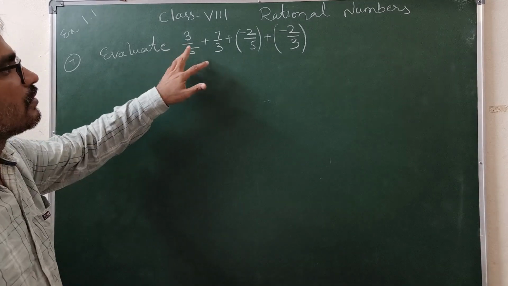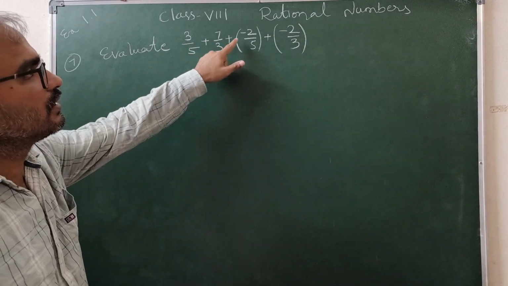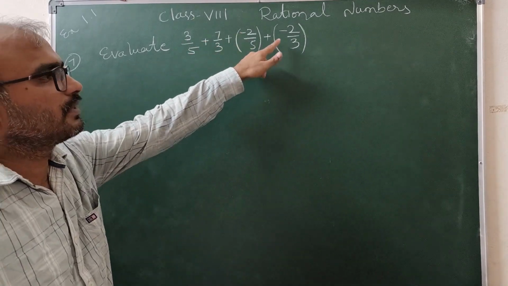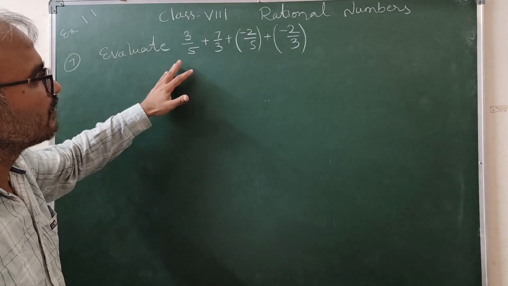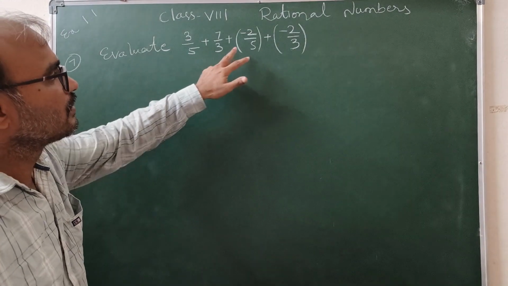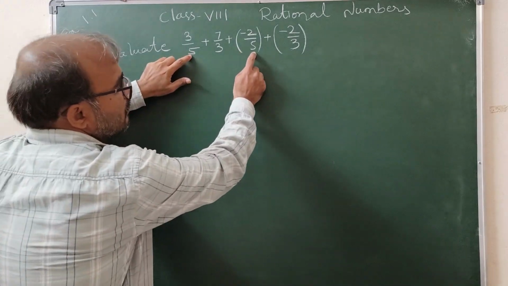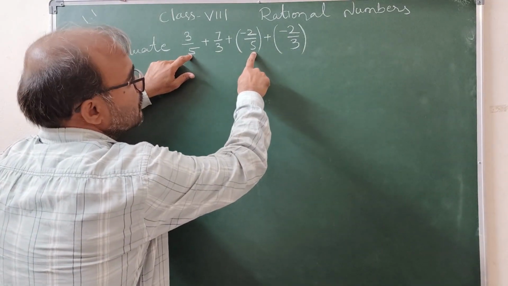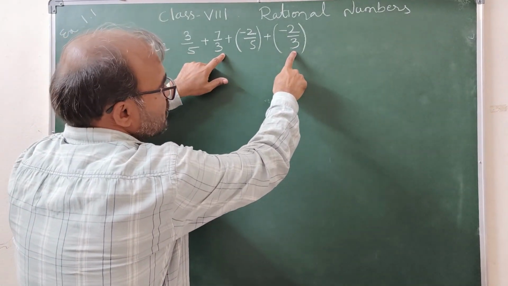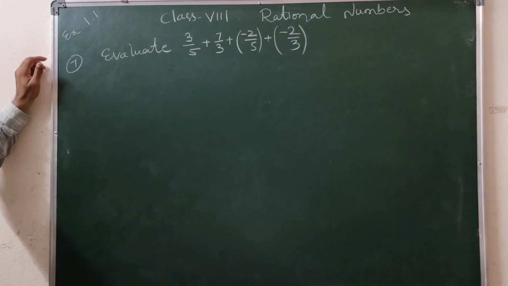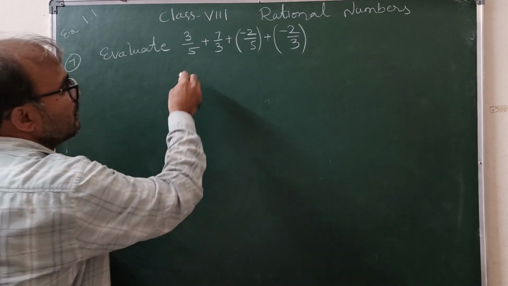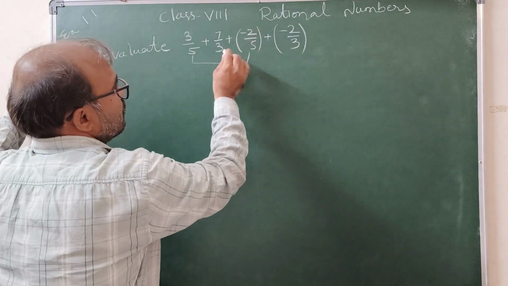Evaluate 3 by 5 plus 7 by 3 plus minus 2 by 5 plus minus 2 by 3. Whenever you find like this, two fractions with the same denominators, and here two more fractions with the same denominator, first of all you can simplify these two, right?